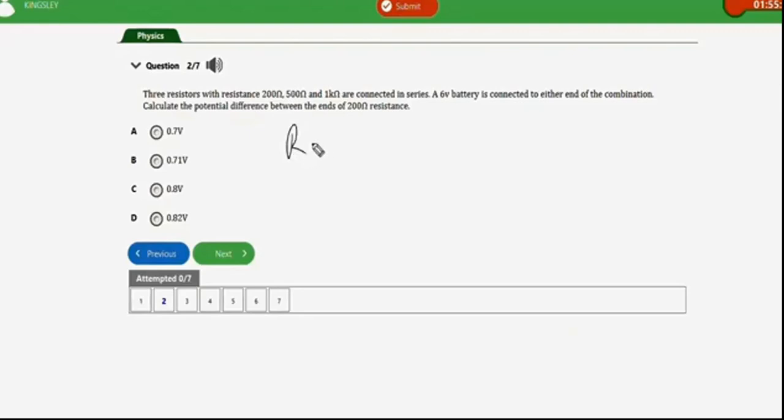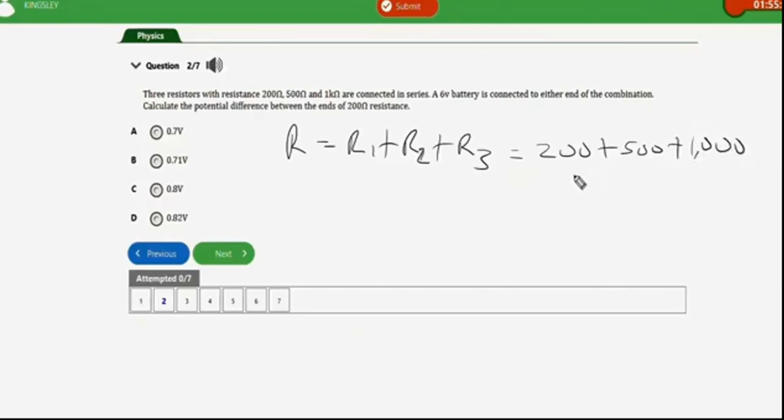It will be R1 plus R2 plus R3, which equals 200 ohms plus 500 ohms plus, now 1 kilo ohms here means 1 times 1000, that's 1000 ohms. So everything will give you 1700 ohms.